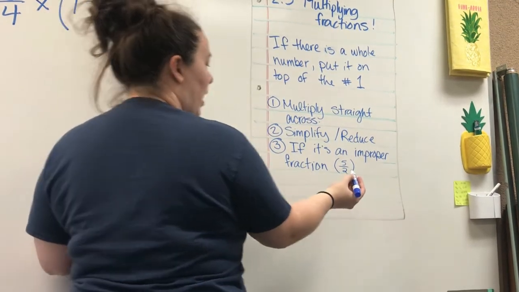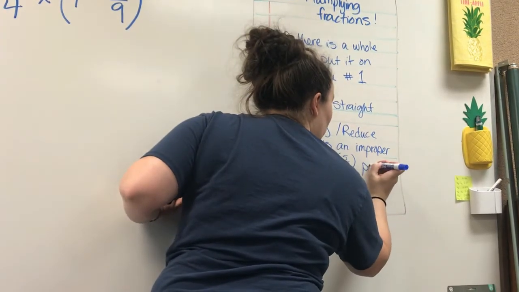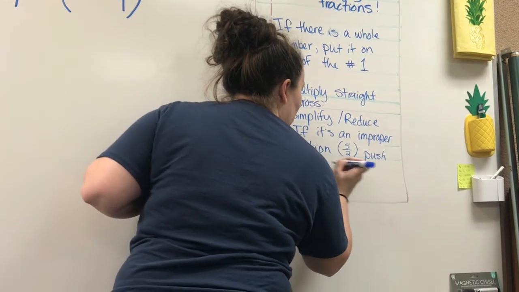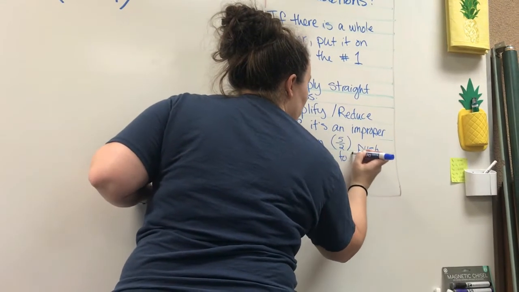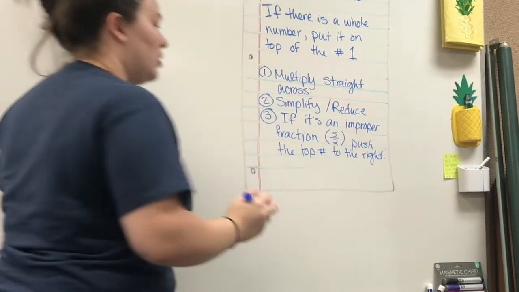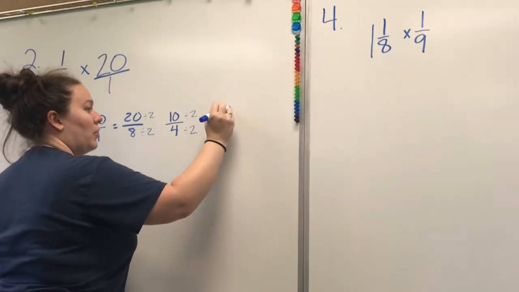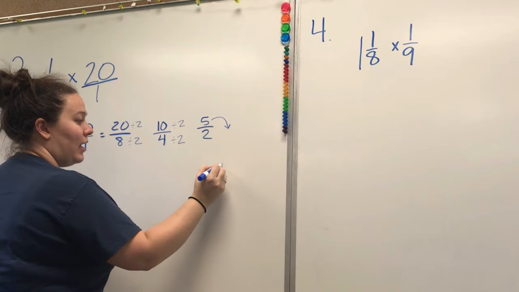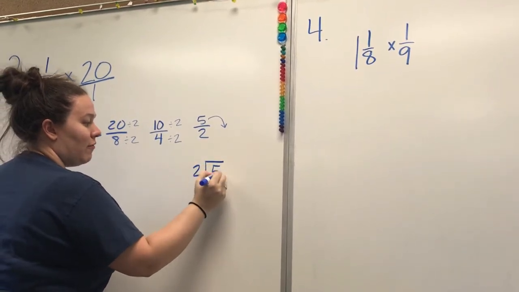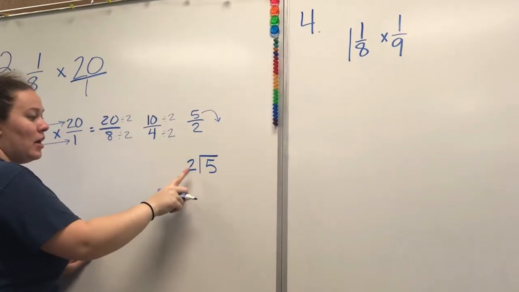If it's an improper fraction, push the top number to the right, and I'll show you what that means. You're pushing the top number so it falls to the right-hand side, and you're putting it into a division house. So 2 and 5. I just pushed it over to the right-hand side.